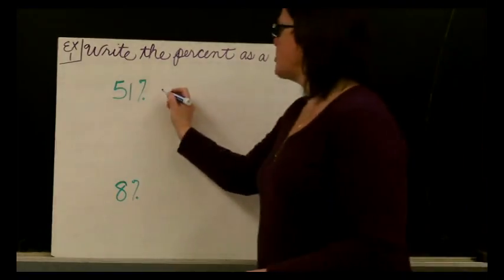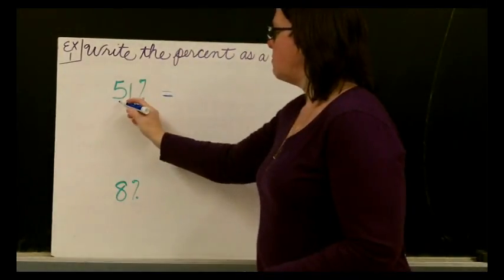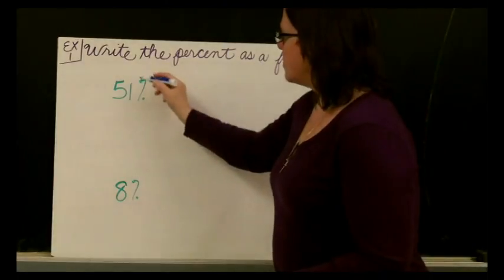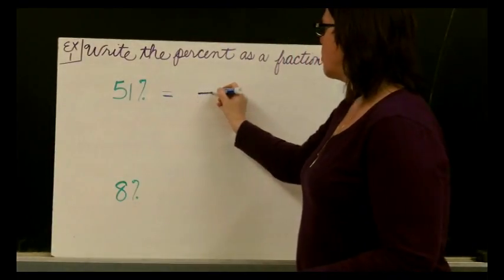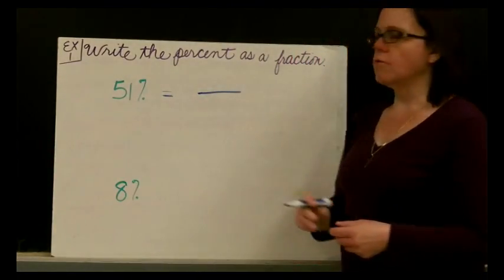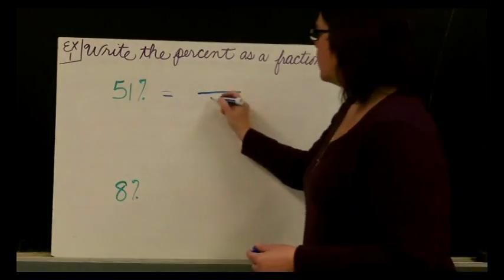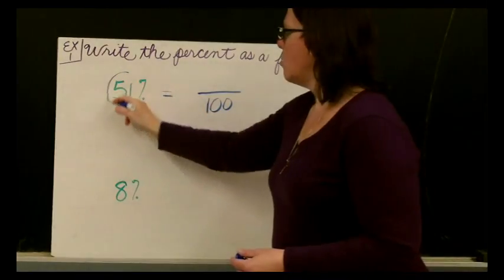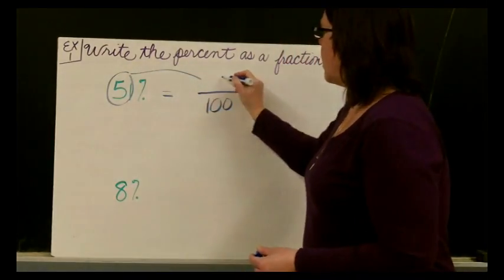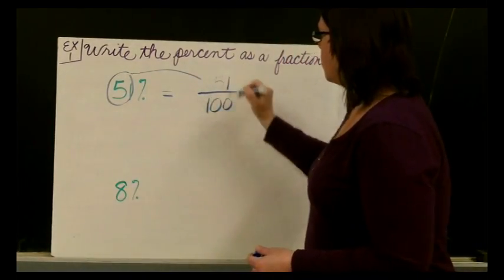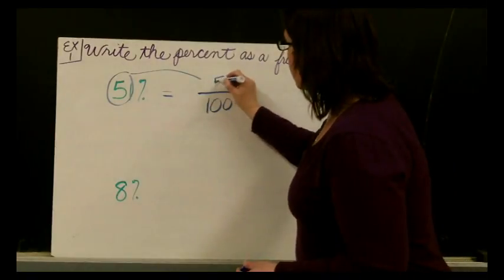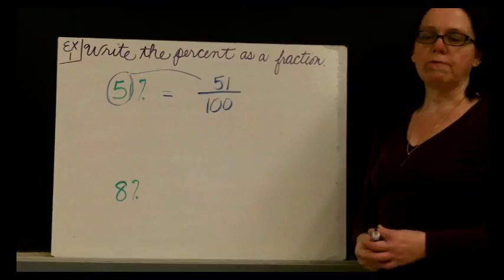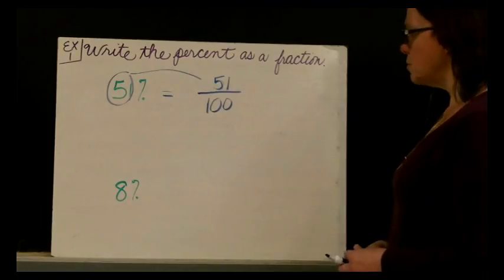Since 51% means 51 parts out of 100, and we said that a percent is a ratio whose denominator is 100, then we take our parts and put it in the numerator. So 51% as a fraction is 51 over 100, 51 hundredths.